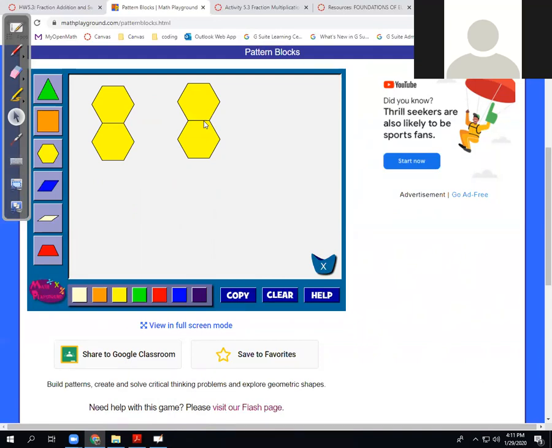Hint, 1/3 looks like a chevron. Does anybody not know what a chevron is? Okay, nobody seems to want to volunteer. So a chevron is a shape that looks like this. That's a chevron. It's kind of sideways. Usually it's oriented the other way.